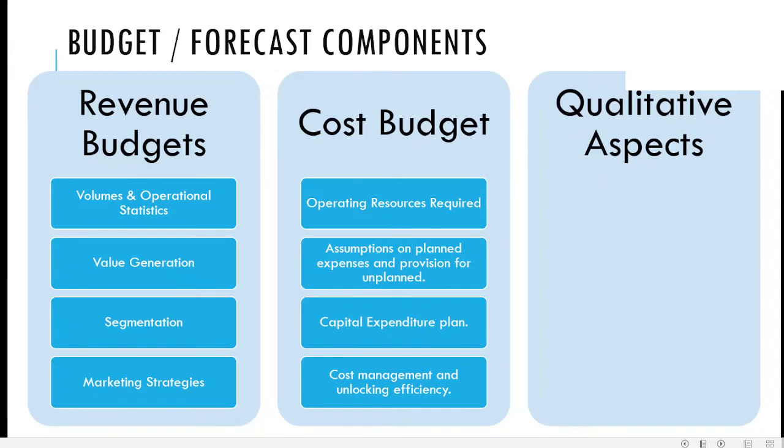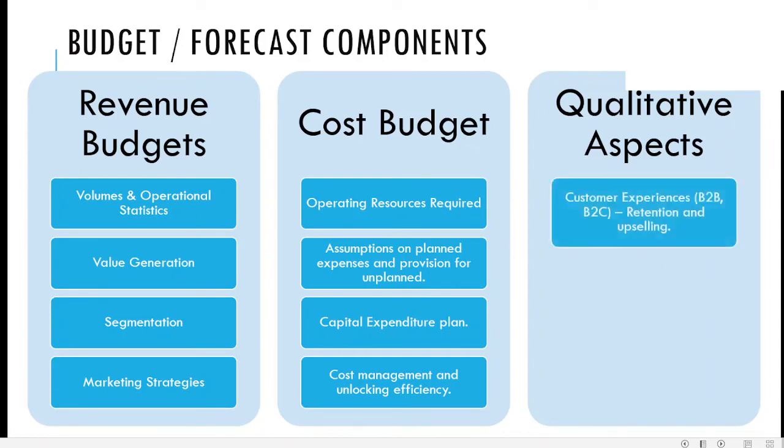The qualitative aspects of the budgets are more on the operational part, meaning the customer side and the employee side of the business, where we say how we are going to engage the customer experience, whether it's B2B or B2C. What are we going to do for retaining the customers and upselling our existing products to the customers, or selling them higher? Right?